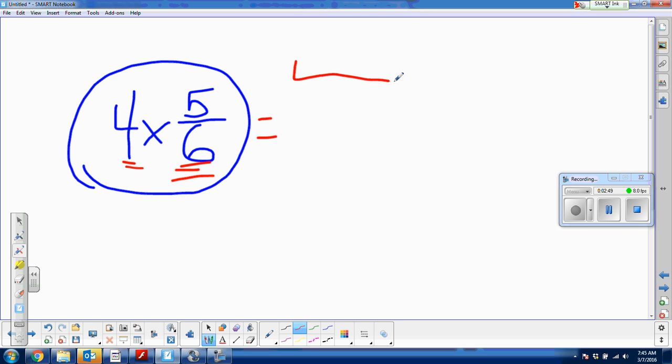Let's just say that here we have 5/6. 1, 2, 3, 4, 5. And we have those all shaded in. That's 5/6 right there. Shade that one in too, 5/6. Okay?